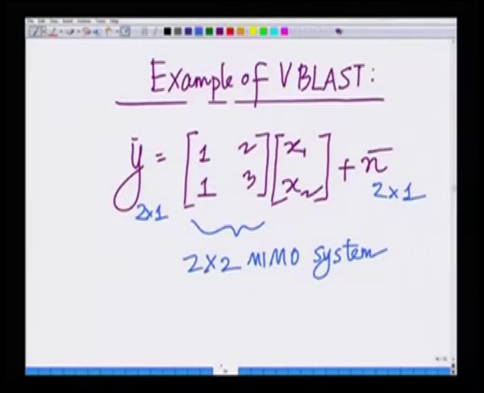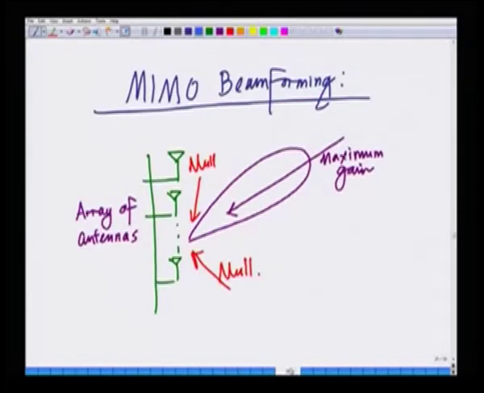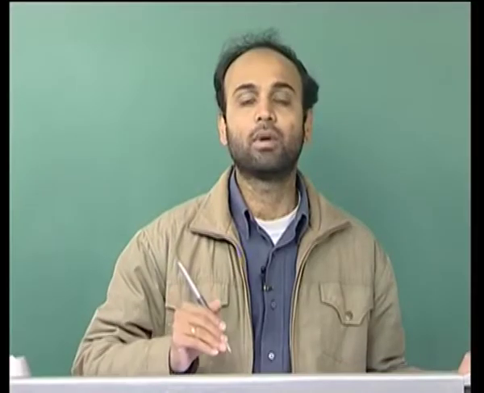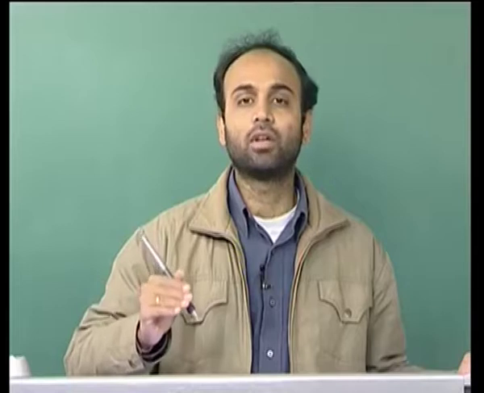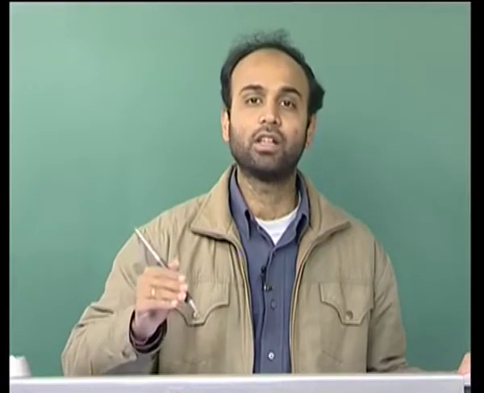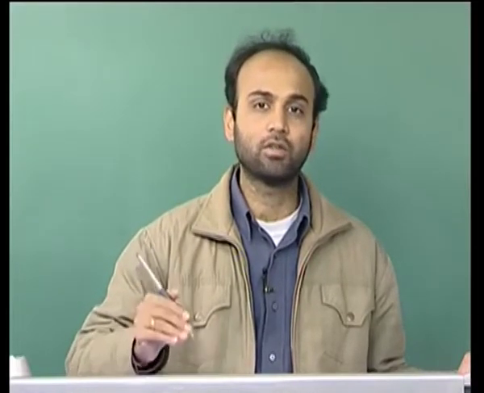We also saw an example of a simple V-blast receiver for a 2x2 MIMO system. Then we also talked about beamforming, that is forming a beam in a MIMO communication system. Instead of employing all the modes, we transmit only in a certain given direction in n dimensional space, which is known as beamforming.